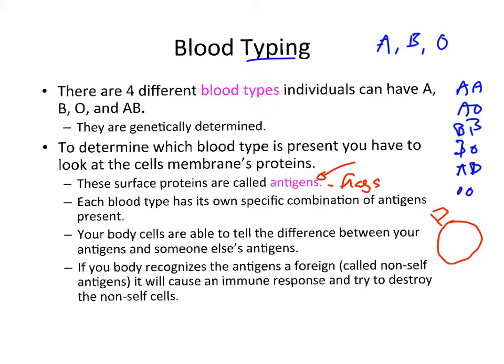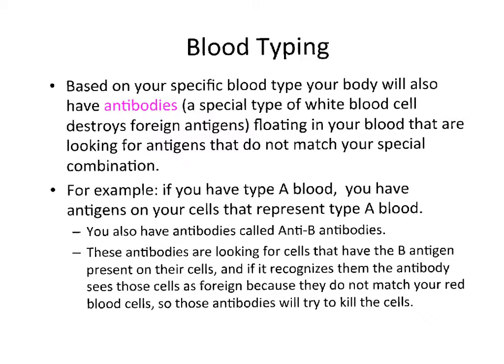And so your body, if you get blood from somebody else, can identify whether that's the proper blood type by looking at the flags. If you have somebody else's flags, so if you're type B blood and there's blood cells floating around that have little A flags on them, your body will identify that and mount an immune attack. Your body does that by releasing what are called antibodies.